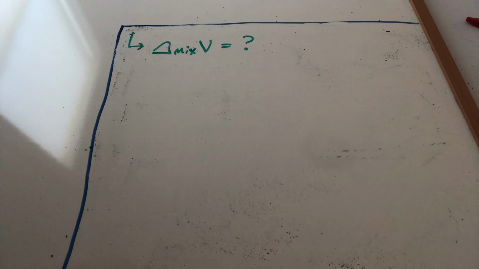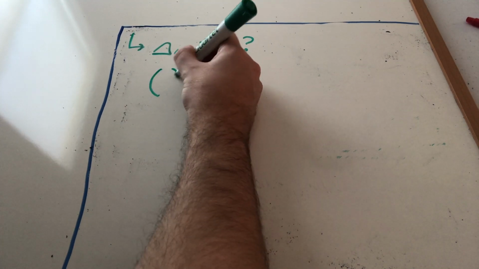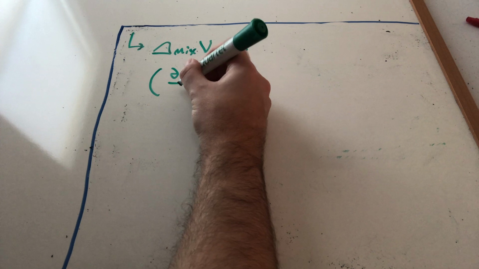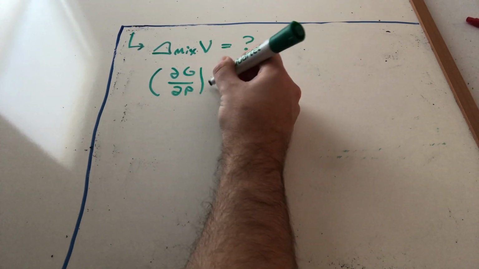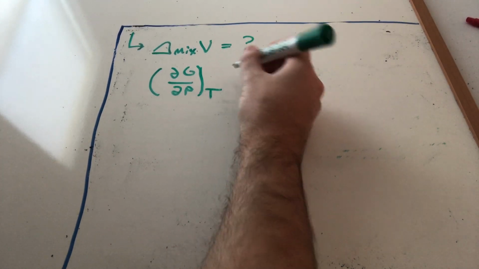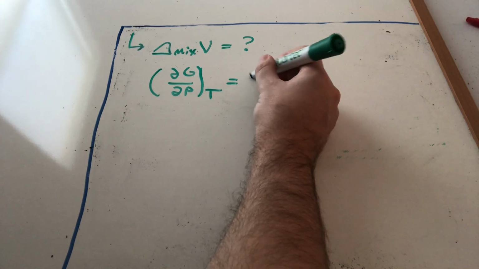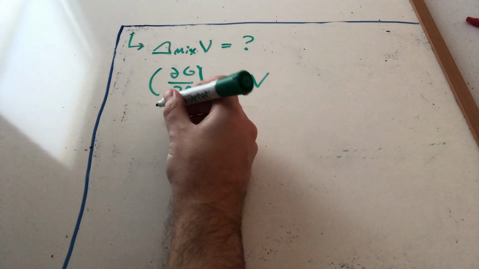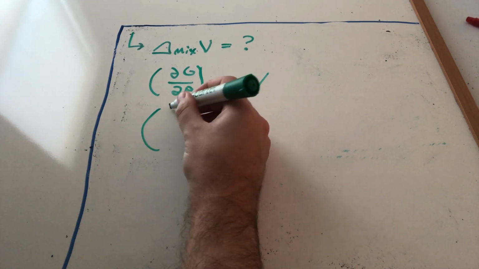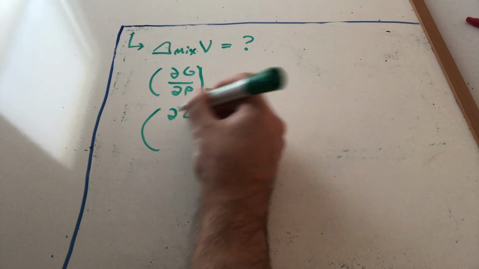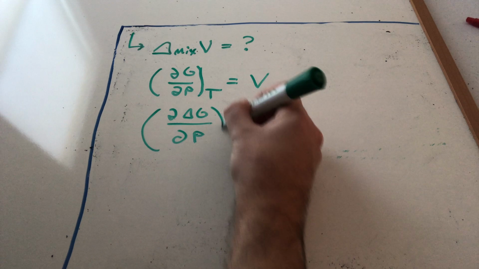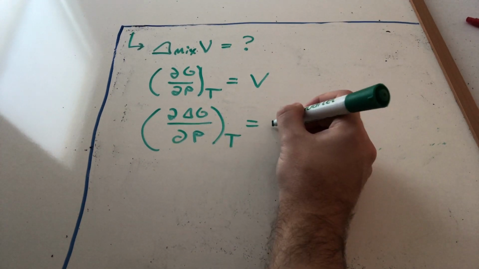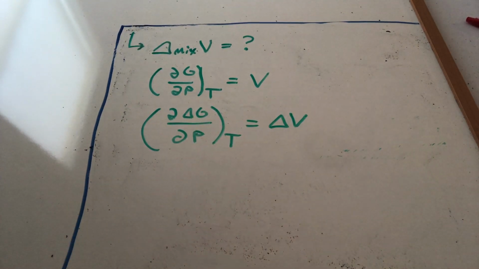Well, we know that dG dP at a constant T is equal to V. Via the same thought process as before, I can turn these on the top into deltas.